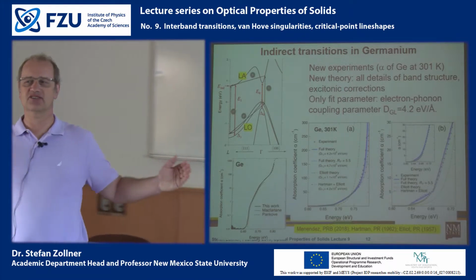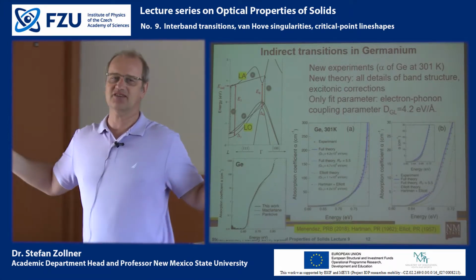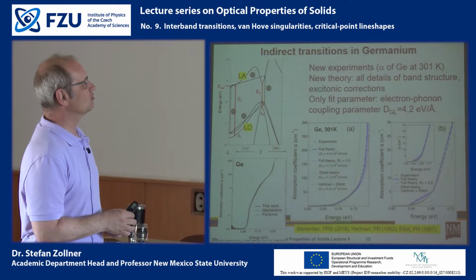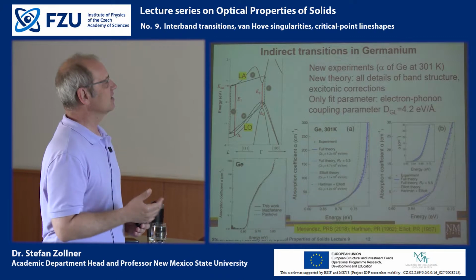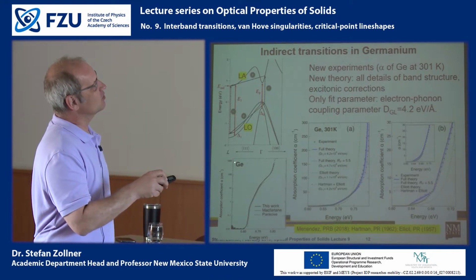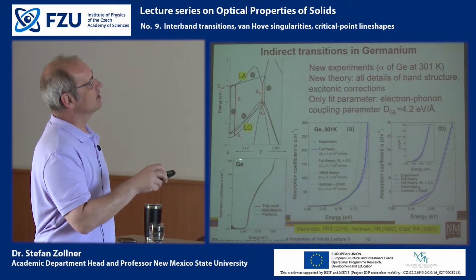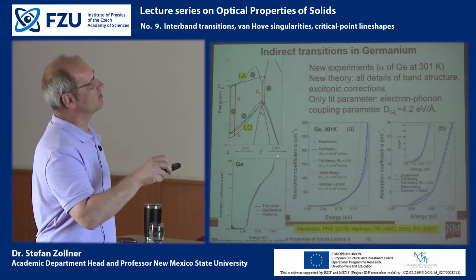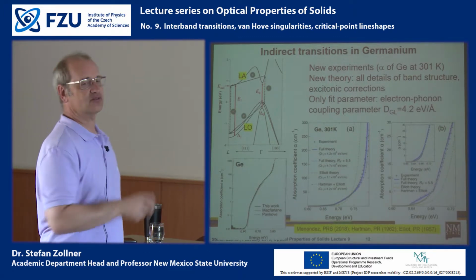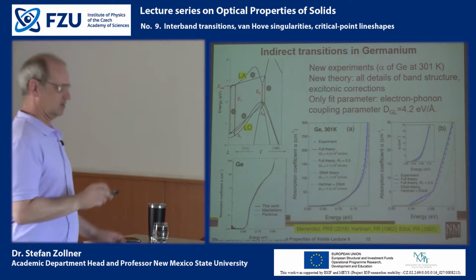So either one needs a sample which is very, very thick, maybe a meter thick, or if we use ellipsometry, ellipsometry is a good technique starting at around 100 or 1,000 inverse centimeters. So up here we can measure with ellipsometry, but down here we need different experimental techniques.